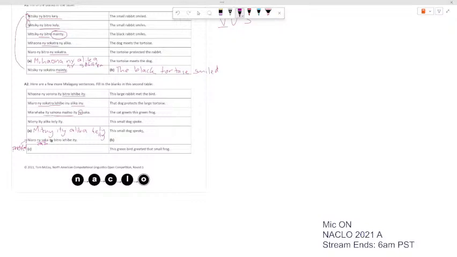So the cat was protected by... Bitro is rabbit. So the large rabbit protected that cat. Yeah.